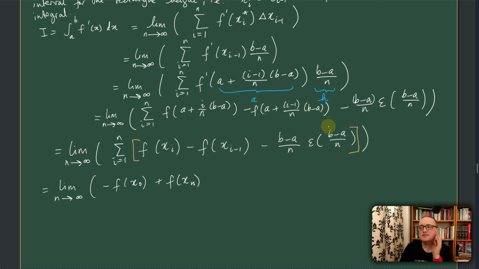And then we're adding up these terms. Now these terms, you'll notice, have no dependence on i. So this is the same term for each value of i. You're adding it up from i equals 1 to n, so you're going to get simply n times this. So what you'll get here is minus (b minus a) times epsilon of (b minus a) over n, epsilon evaluated there.